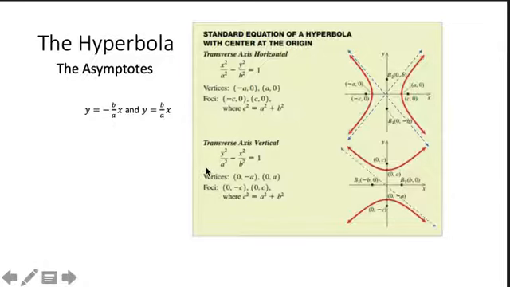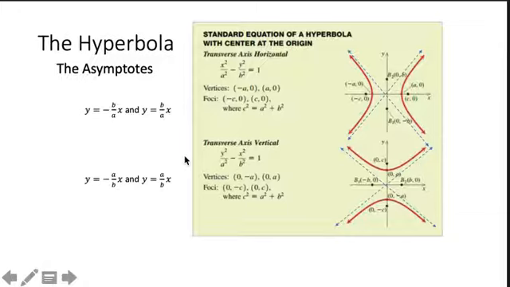And when the transverse axis is vertical, here's one of the asymptotes. Here's the other asymptote. And the equation is y equals negative a over b x and y equals a over b x. So it's plus or minus a over b x.